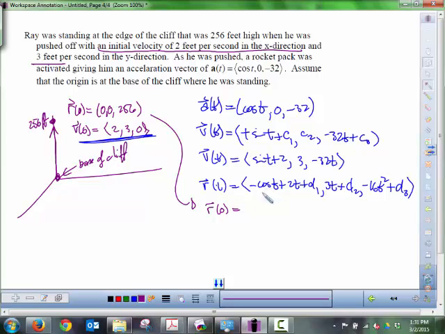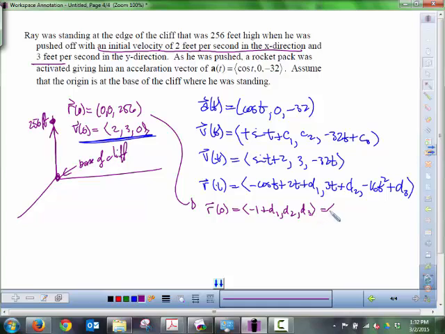Cosine of 0 is not 0. So before putting in 0, 0, 256, I'm going to put 0 in for t in the position function, and I get negative 1 plus d1, and then here I get d2, and then here I get d3.